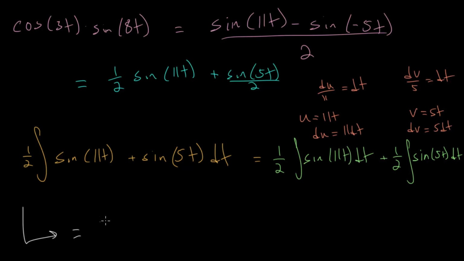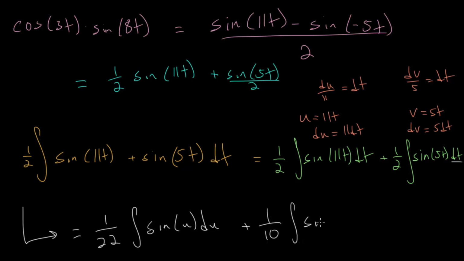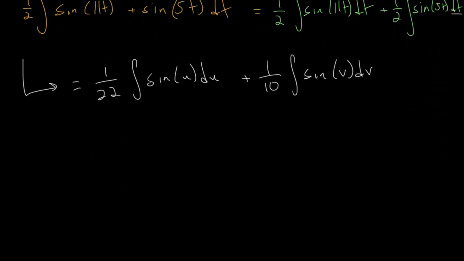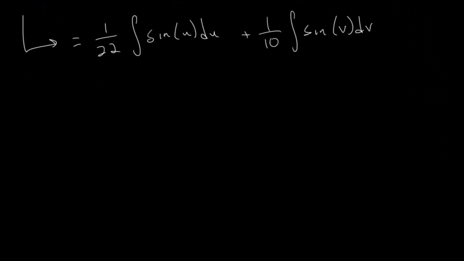So on the outside, we get 1 over 22 multiplied by the integral of the sine of u du, and then we add this second integral. Since we're replacing dt with dv over 5, the 1/5 can go on the outside, so we get 1/10 times the integral of the sine of v dv. Simplifying everything, we can compute these integrals. We have 1 over 22.